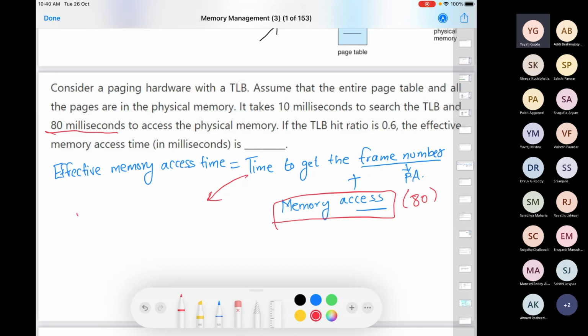So how do we compute that? Yes. So 60% of the time you find it in the TLB, plus the remaining 40% of the time you access the TLB, you do not find it there, you go to the memory, so it is 10 plus 80, right? How much is it? 42, right? So it is 42.